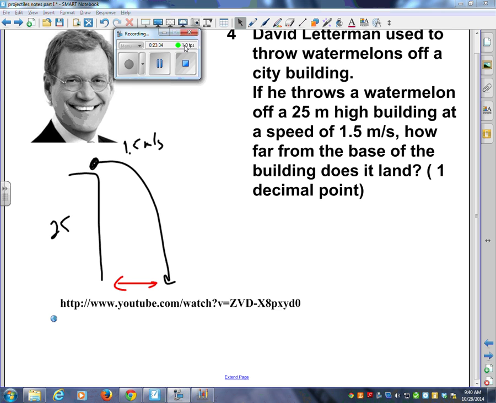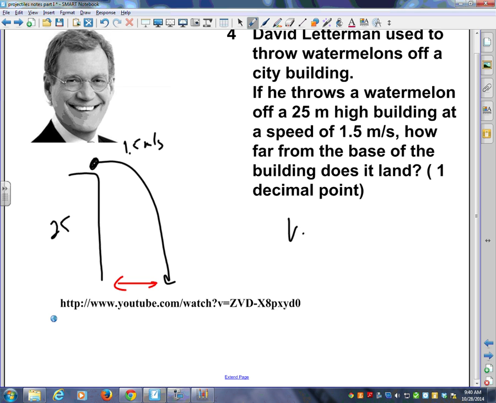First thing to do is find the time of fall. We did that with d equals d-i t plus 1/2 a t squared. And it's minus 25 meters.